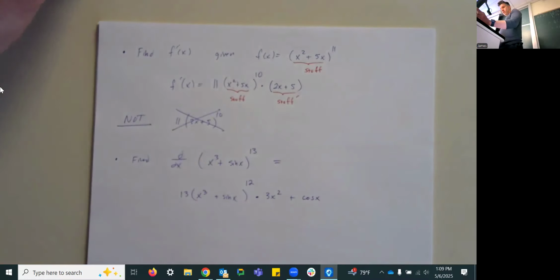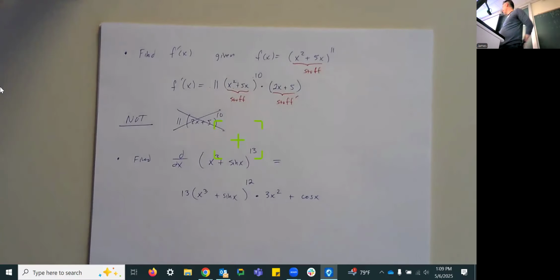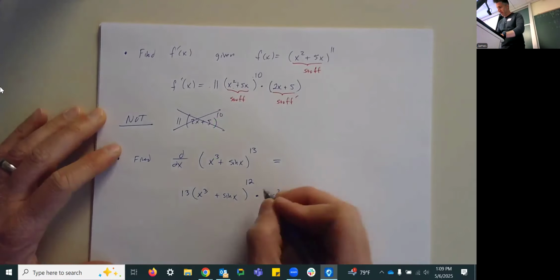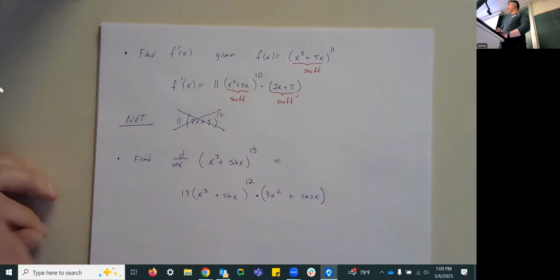I will just mention here, I've written my answer wrong. I'm missing some very necessary parentheses. If you write it like this, it looks as if it's all this stuff times 3x squared, that's the end of the multiplication, and then I'm adding cosine of x after that. So I must have parentheses there so that we've got the multiplication by the entire derivative of the inside stuff, not just part of it.